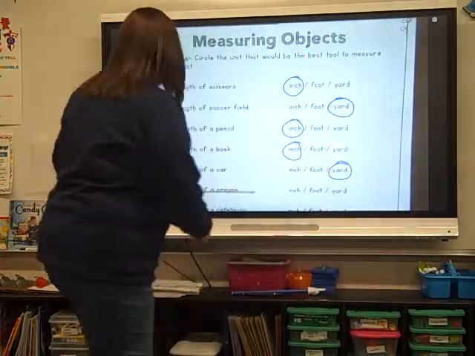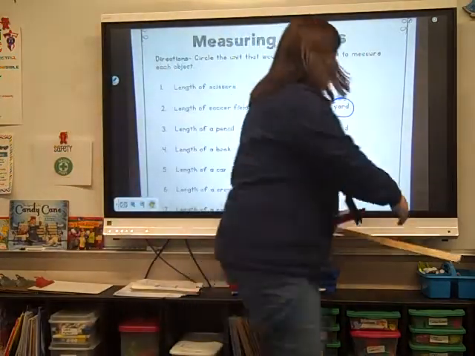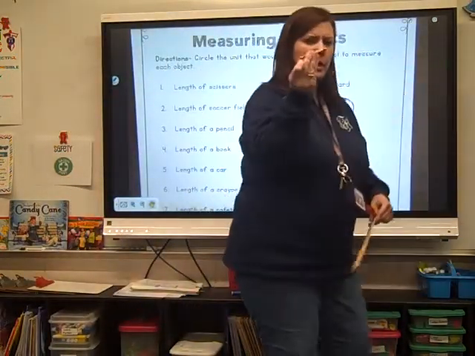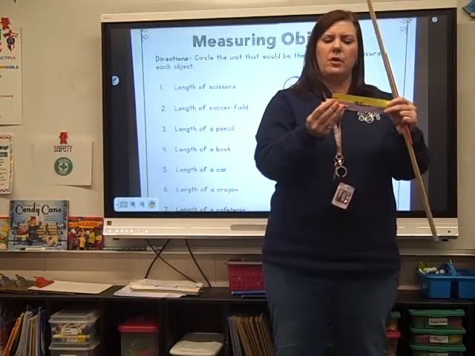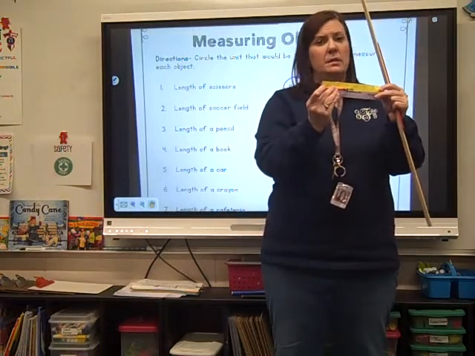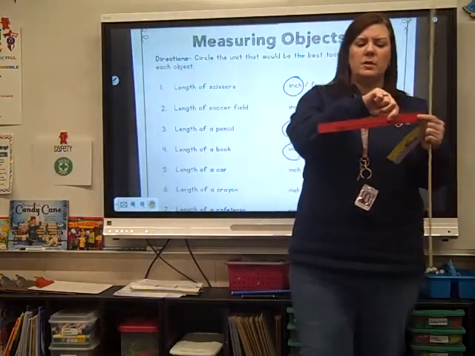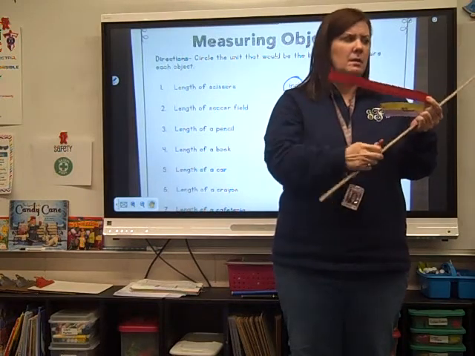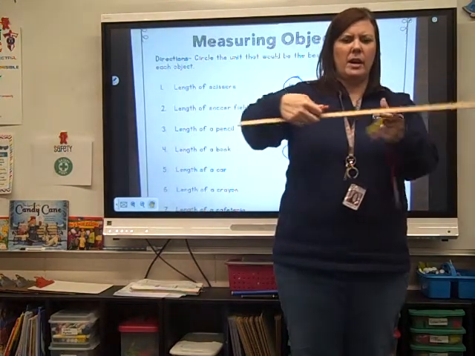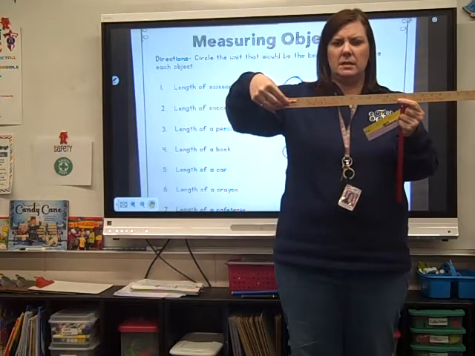All right, let's look at number 6, the length of a crayon. So think of your little crayons. Oh, here's a crayon right here. Would you measure your crayon in inches? Looks kind of good, doesn't it? Gosh, can you imagine having a crayon that's a foot long? What about a crayon that's a yard long? That doesn't make sense, does it?